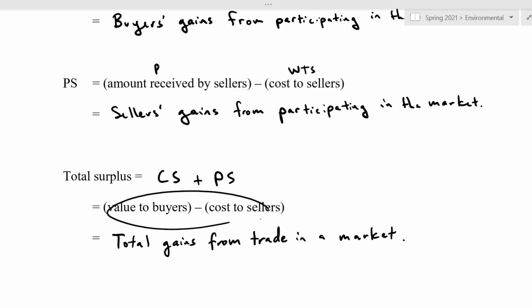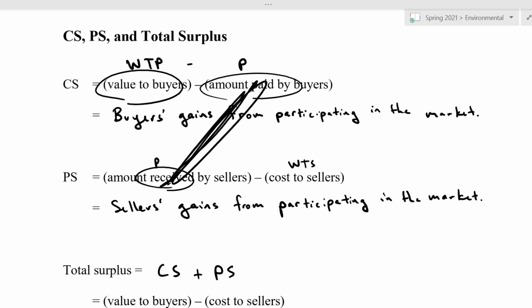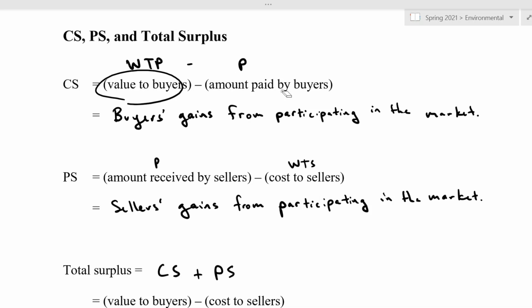Okay, the reason that we have this here, value to buyers minus cost of sellers, we can just rearrange all of this. Value to buyers minus the amount paid plus the amount received. That's the same thing. Price and price, they cancel out. So all we have left is the value to the buyers plus this negative term, cost to the sellers.